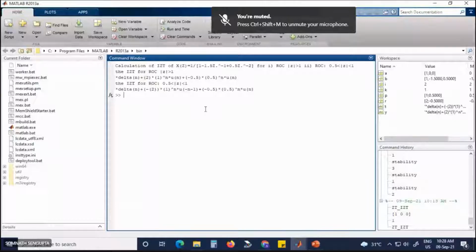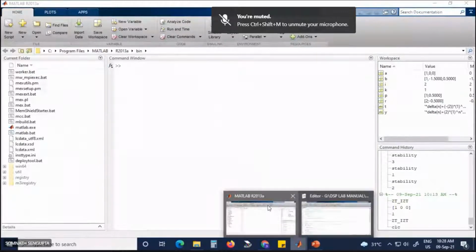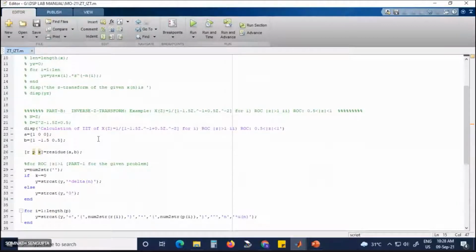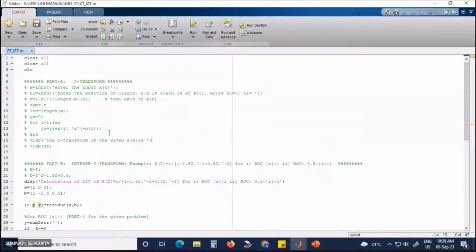Okay, what I am discussing is this. Your first part is the Z transform.